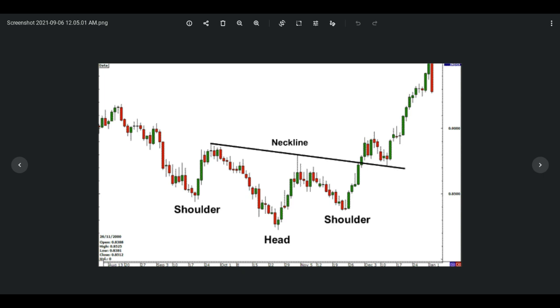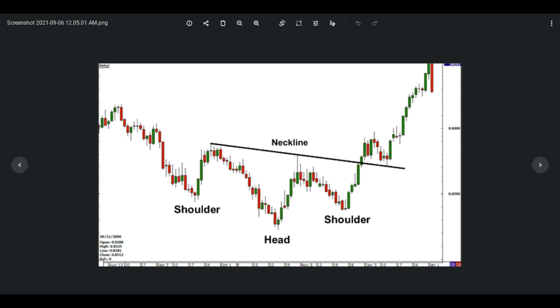Now, the directional bias of this pattern is bullish. Pattern type is a reversal. Pattern description: this pattern occurs at the bottom of a downtrend and is identified by three valley formation with the center valley or low forming a lower low than the other two. The neckline is a trend line that is drawn across the intervening highs and should be horizontal or downward sloping to the breakout area.